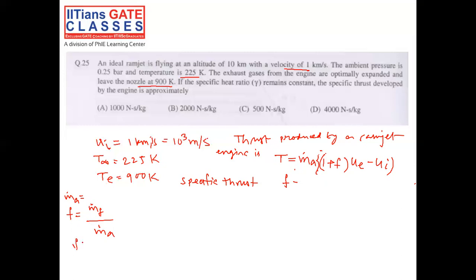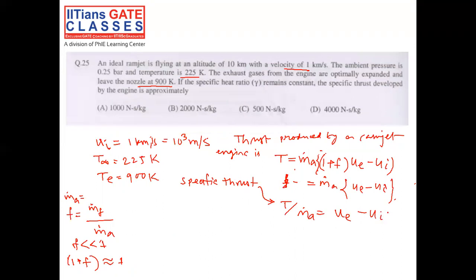Now this f is much less than 1, so 1 plus f can be written as 1. We can ignore the 1 plus f term, as this is almost equal to 1. So this will come as UE minus UI, right? So the specific thrust is nothing but T by ma dot, which is UE minus UI, right?